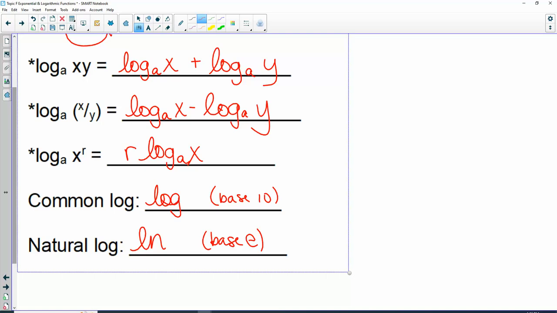Okay, I'm going to do my examples slightly out of order, because I'm not sure if I'll have enough time to do all of them. So I'm going to do a couple equation problems, and then if we need to, I'll do my graphing examples.